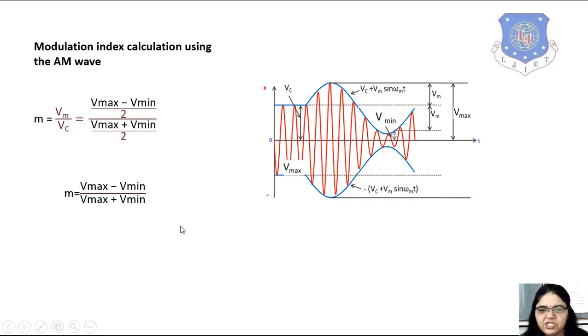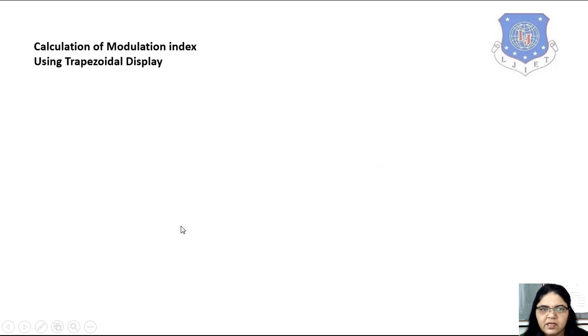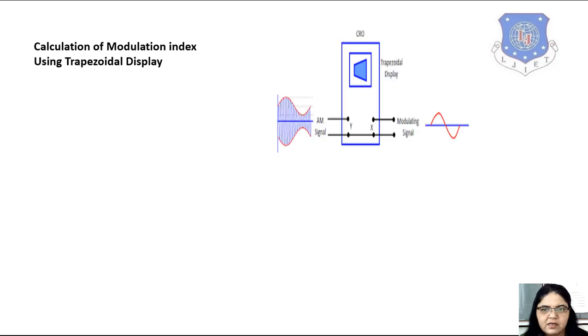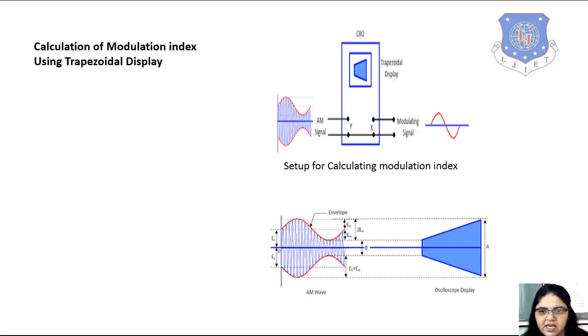Now the second method is the calculation of the modulation index using the trapezoidal display. So now we have the CRO. We are selecting the trapezoidal display on the CRO.